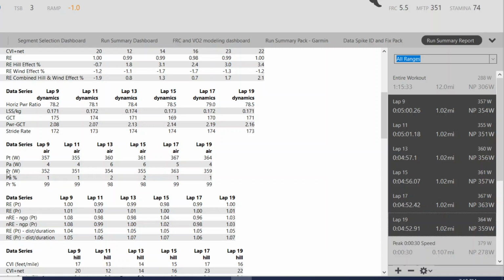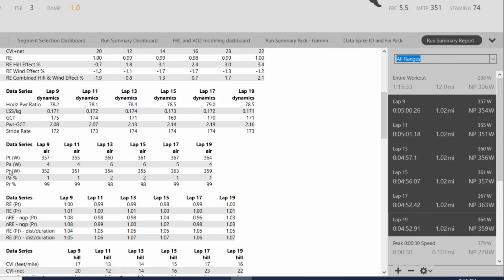This is the power used for the running movement and any climbing, and it is essentially the total power minus the air power. So look, we have, let's see if we get one of the numbers that add up, because there's decimal points involved, and this is rounded. 355 is a total power, 4 watts air power, and the PR is 351.